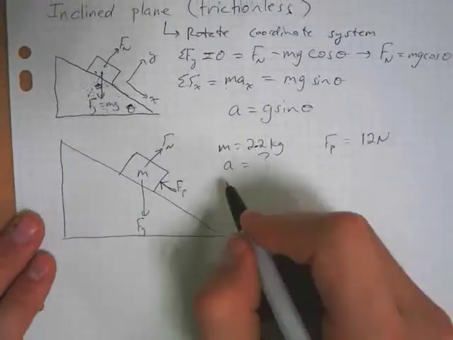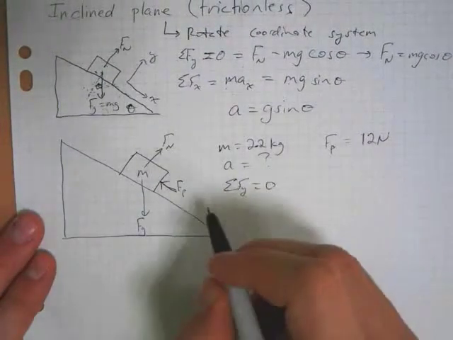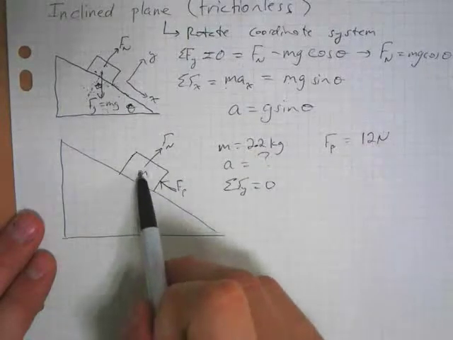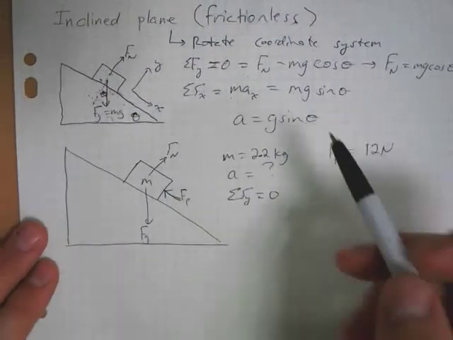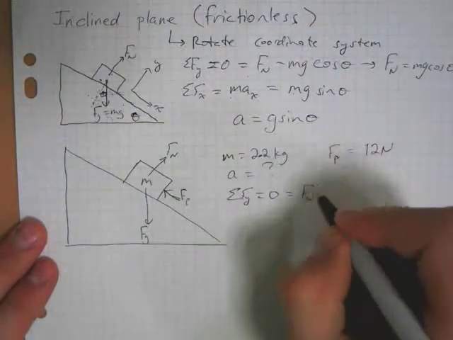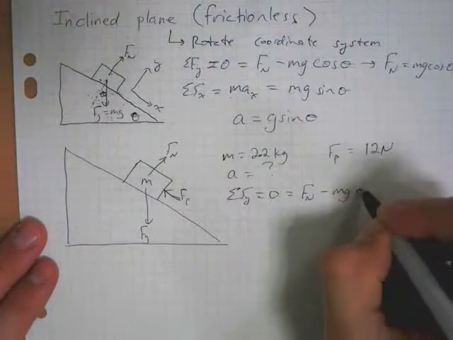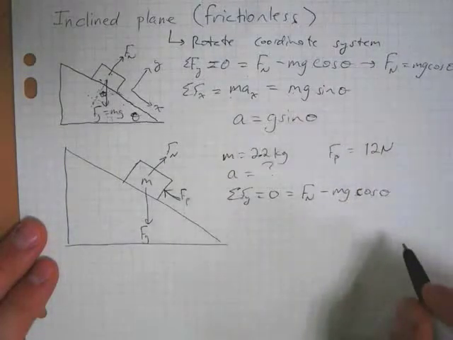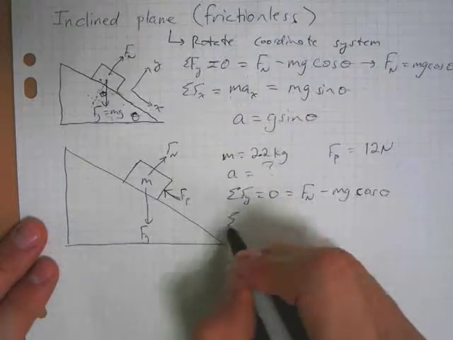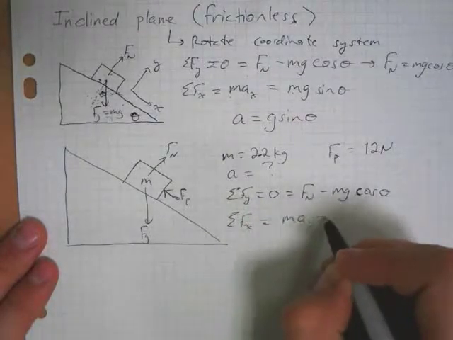So we can write in the y direction, we know that the sum of our forces is still 0 because, again, this block isn't going to jump off the plane, it's not going to fall through the plane. And in the y direction we have a normal force, and we have a component of gravity, mg cosine theta, that's it. And in the x direction, we have mass times acceleration, not 0.